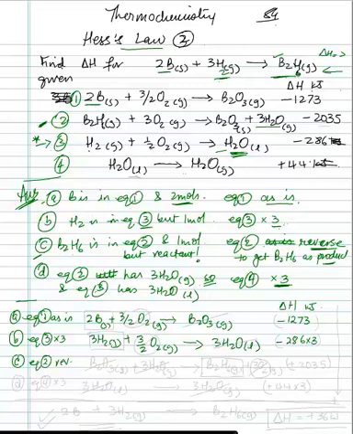So now we're going to reverse this, which means that we're going to have B2O3 solid plus 3H2O gas to give us B2H6 gas plus 3 oxygen gas. And this is reversed, so our number here is also reversed, so plus 2035. That is our delta H value.